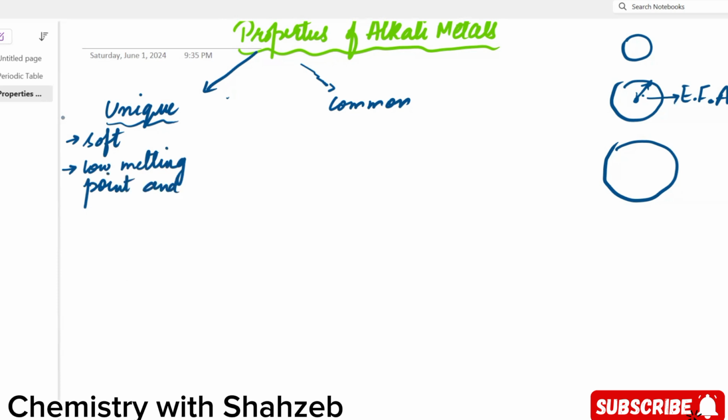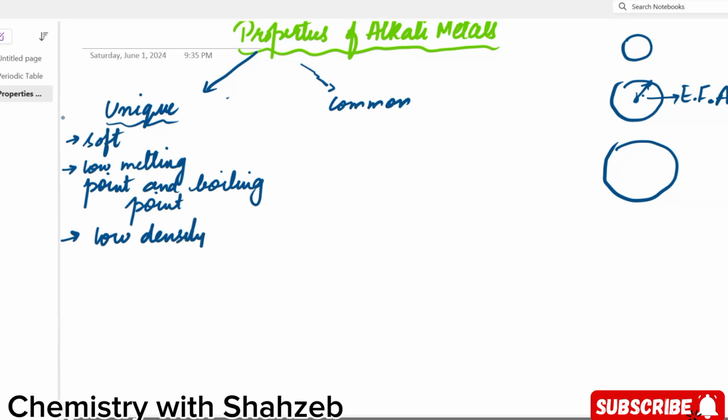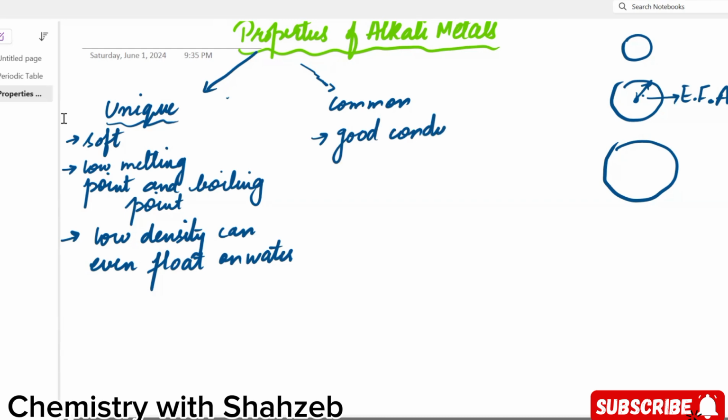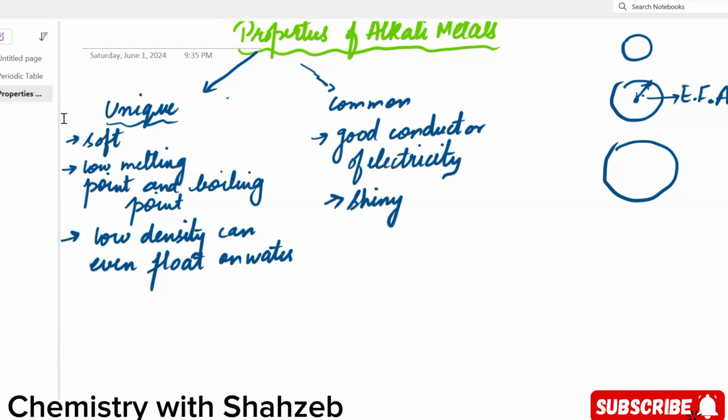Another property is that they have low density, so they can even float on water. And the common properties: they are good conductors of electricity, and they are shiny.